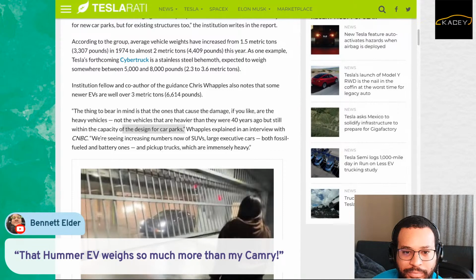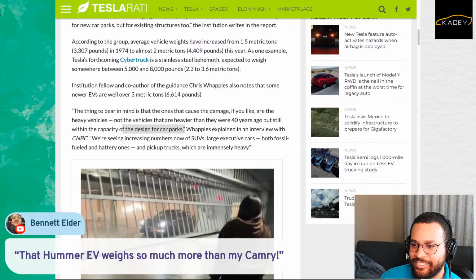That Hummer EV weighs so much more than my Camry. Yeah, exactly. Whereas what you really need to compare the Hummer EV to is something like a G wagon with the double axle for some reason. They modified it a little bit, something ostentatious and showy. A little. Don't look down there. Look at my big car.